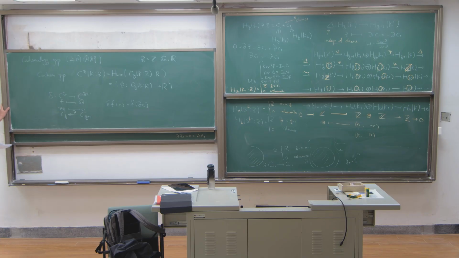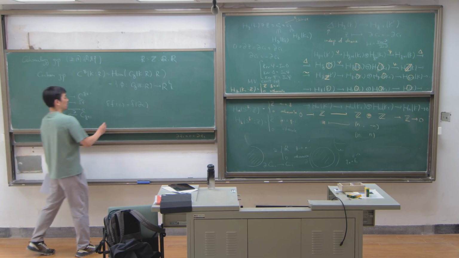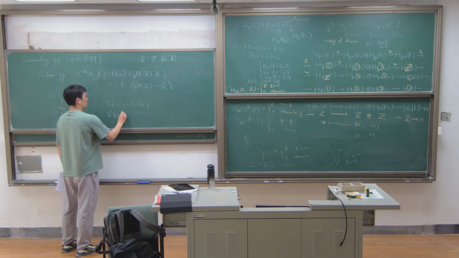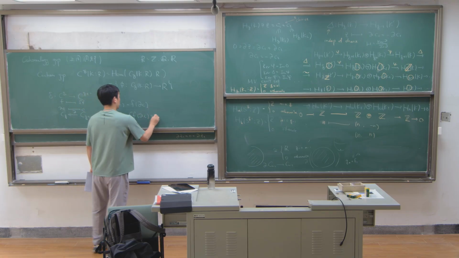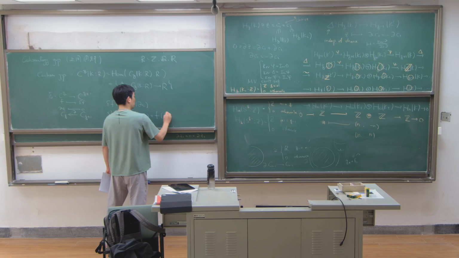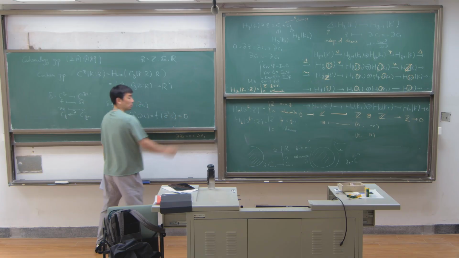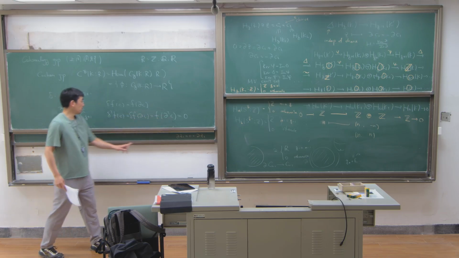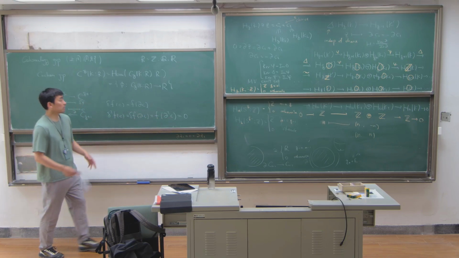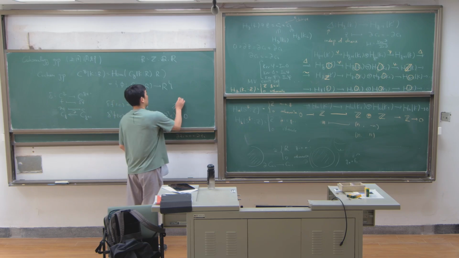That's how you define it. And then, of course, del square f of c is equal to f of del square c, which is equal to 0. Del square is equal to 0, so therefore del square f is equal to 0.